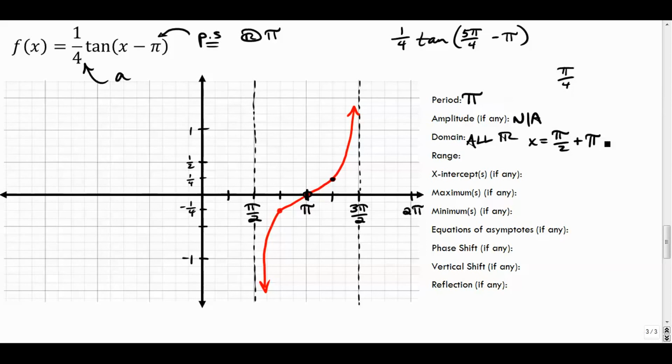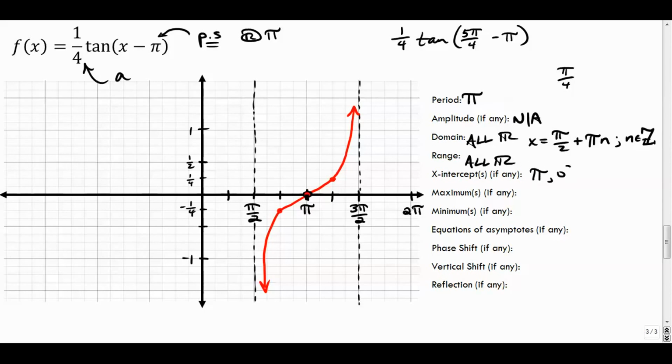So every pi times n, if n's an integer. If n's an integer and you multiply it by pi and you add that to where it starts, you're going to get an asymptote. So pi over 2 is the first asymptote. Every asymptote thereafter, whether it's this way or whether it's this way, is going to be a multiple of the period, n being an integer. The range is everything.